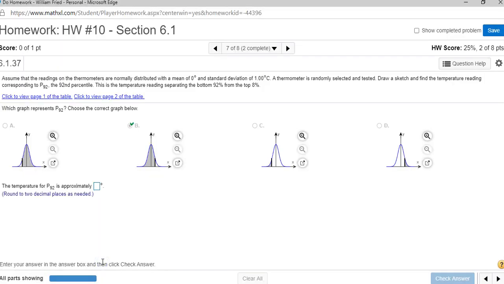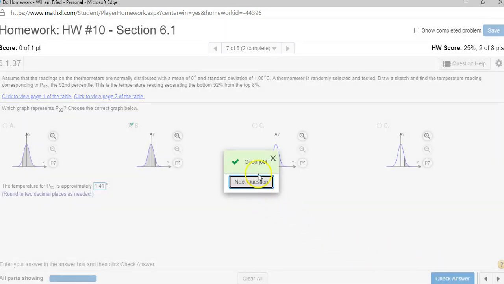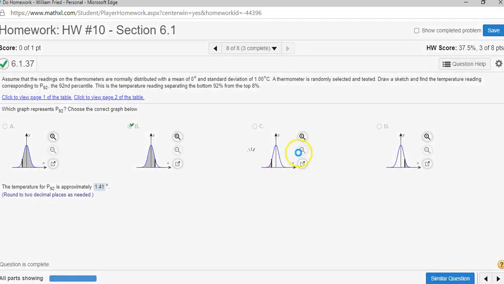Two decimal places, 1.405 would be 1.41 to two decimal places, 1.41. Good job.